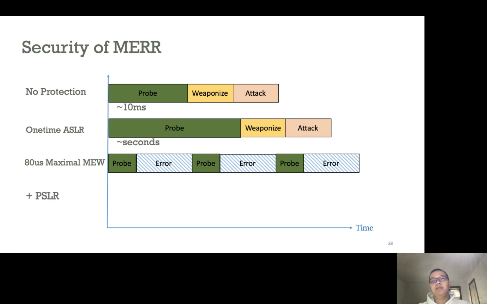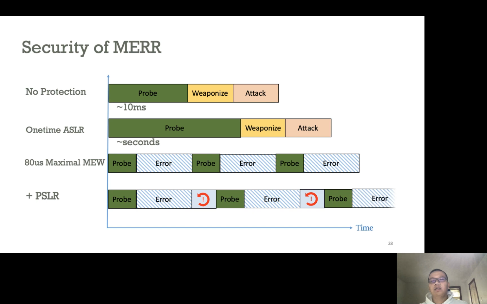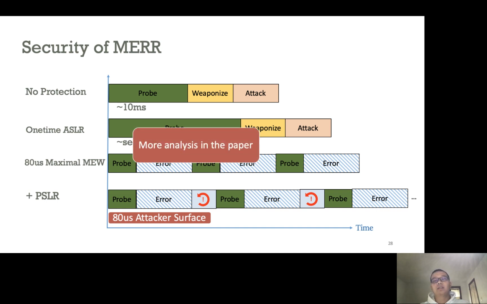Combined with the PSLR, the memory layout information is changed every time the data is exposed. So the memory layout information the attacker obtained is invalid every time they are able to perform a real probe. So they only have 80 microseconds of attack surface to perform attacks. There are more examples and analyses in the paper.